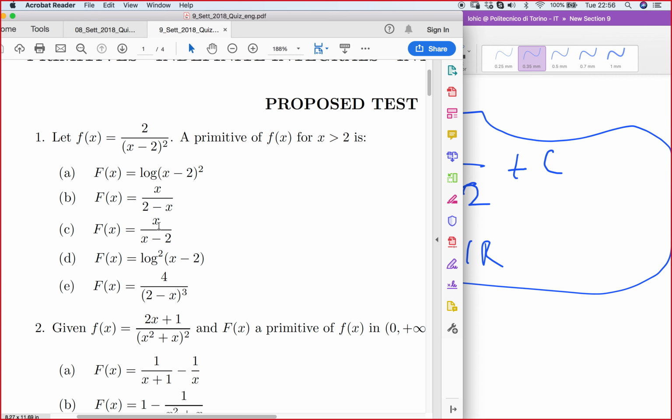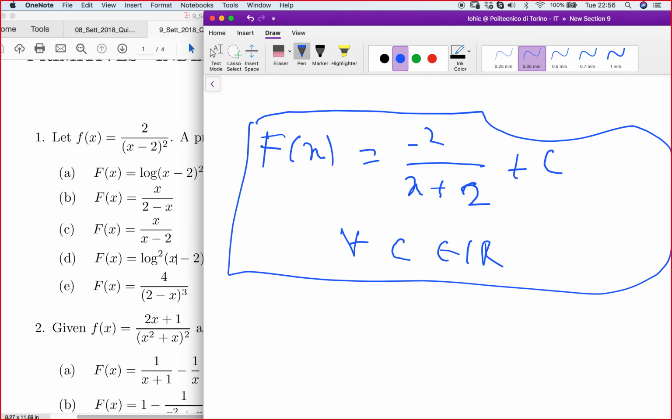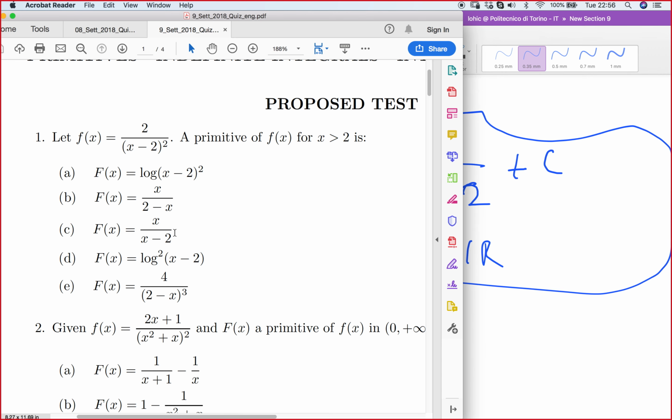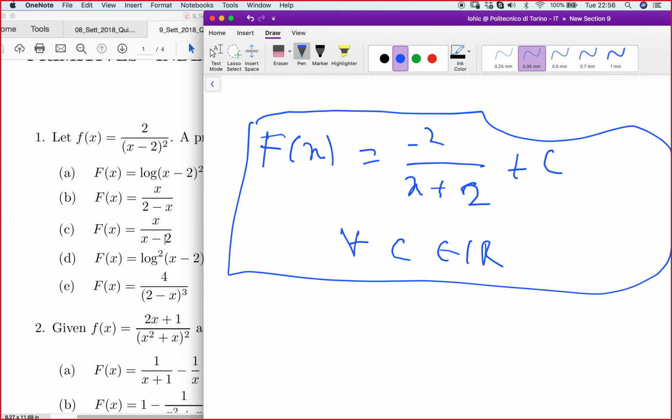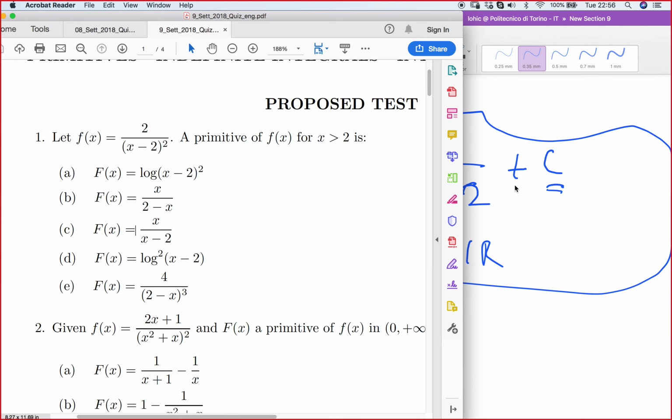So we should find the value of C that gives us one of these answers. Is that clear what we want to do? We found all the possible primitives that depend on one constant, but we just want one of them, so given some value to c, we should get one of these possible functions.